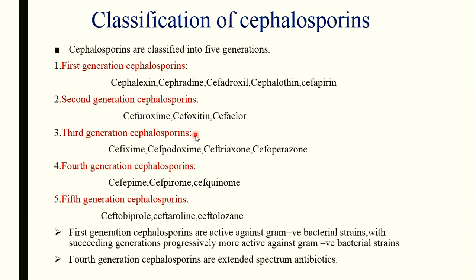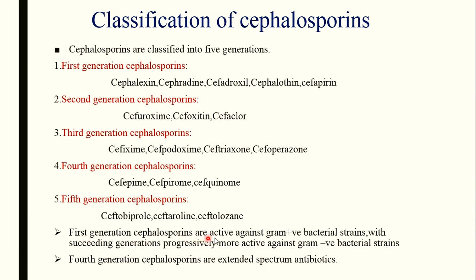When that generation also showed some side effects, they introduced the third generation. The third, fourth and fifth generations have given minimal side effects. That is why so many generations have been introduced in antibiotic therapy.